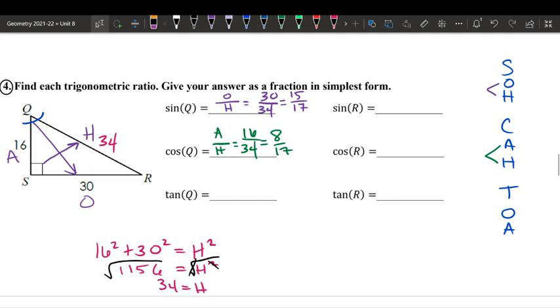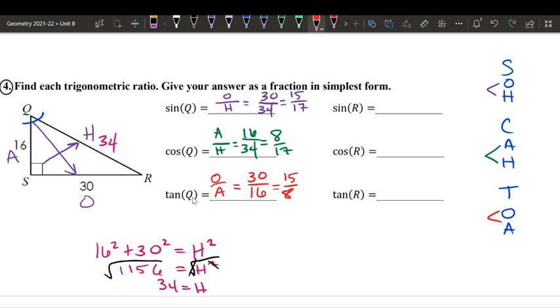So the tangent of Q, TOA, O is on top of A. O is 30, A is 16. So 15 over 8. The tangent of angle Q is 15 over 8.